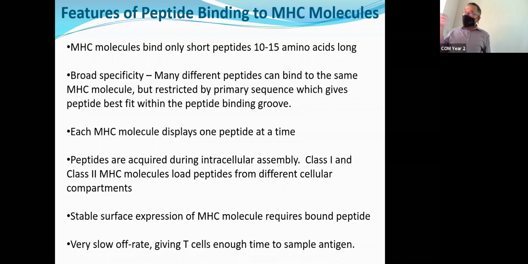It can't express multiple peptides. So what T cells do is, they sniff every cell in our body, looking at these peptides on the MHCs. And if they see that it is self, they will leave it alone and go on to the next cell, right?